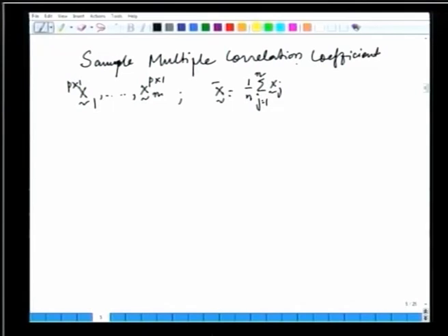So, to compute the sample mean vector, and similarly we also have the sample covariance matrix.